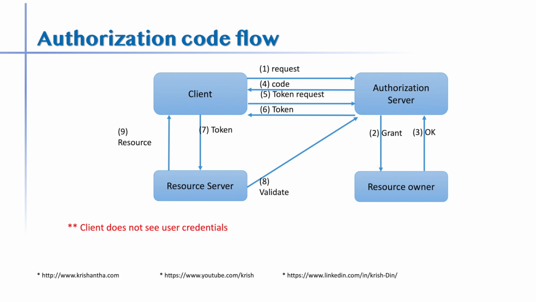Now you can see the most important thing here: the client, or in this case Krishanta.com, won't see your username or password. Krishanta.com directs you to the authorization server. Whenever you say login with Google, it directs you to Google. Then the Google login page comes and your username and password are only seen by Google.